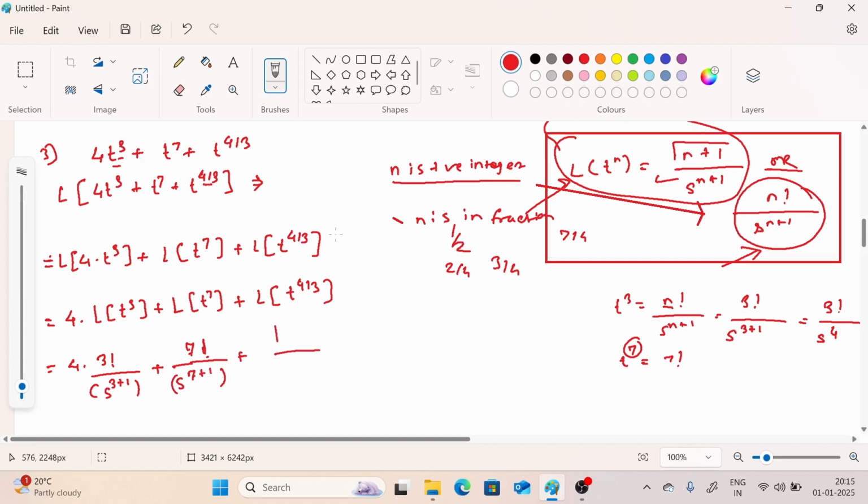Gamma function of 4 by 3 plus 1 upon s raised to 4 by 3 plus 1.